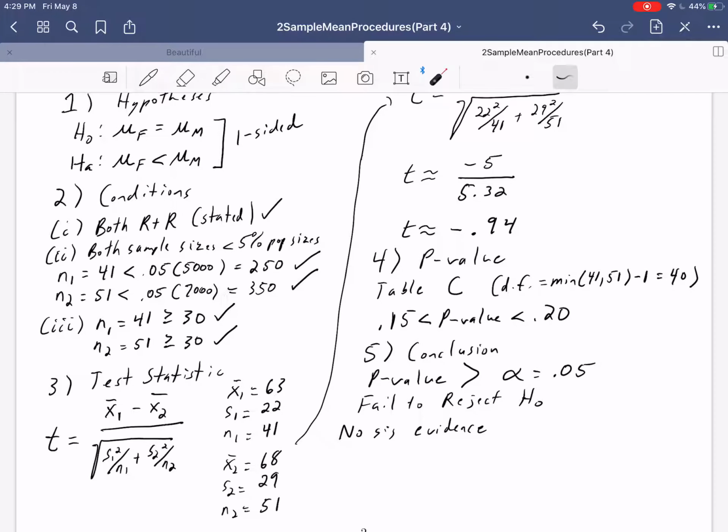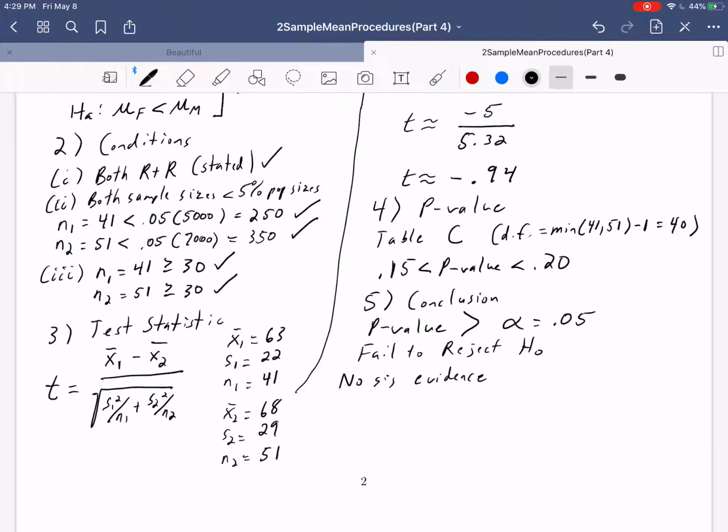What was our claim? Well, you look at your alternate, that the average for females was less than the average for males. So no significant evidence that on average, female employees at this company make less money than male employees.